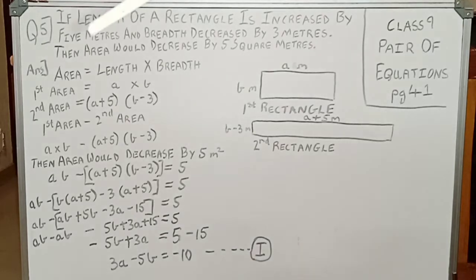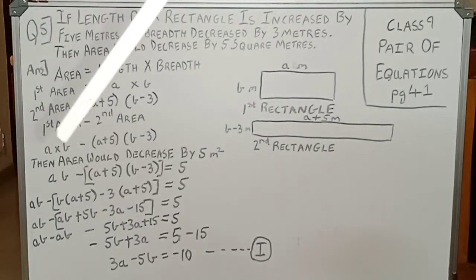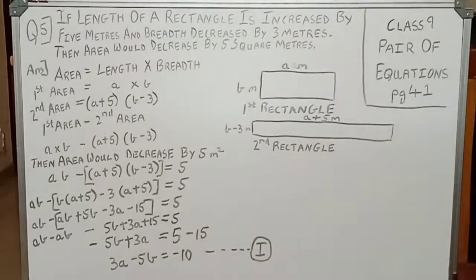The area would decrease by 5 square meters. That is what they have said in the question itself. So whatever you have taken on top, a b minus the square bracket of a plus 5 into b minus 3, is equal to 5.